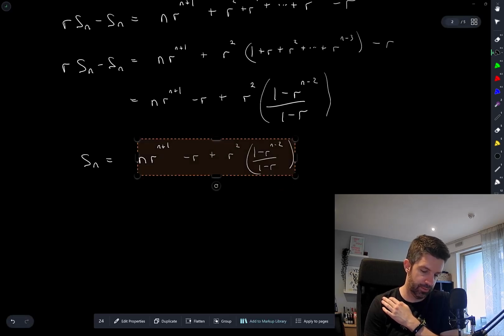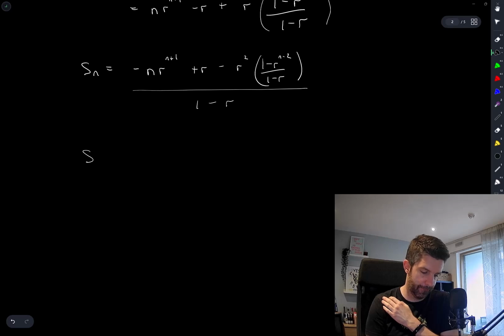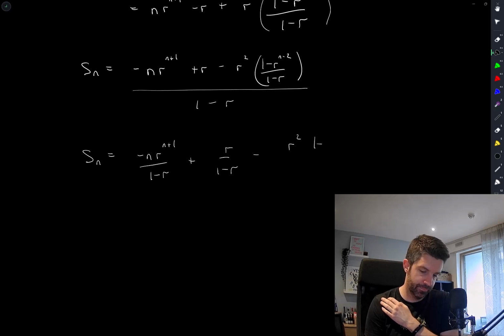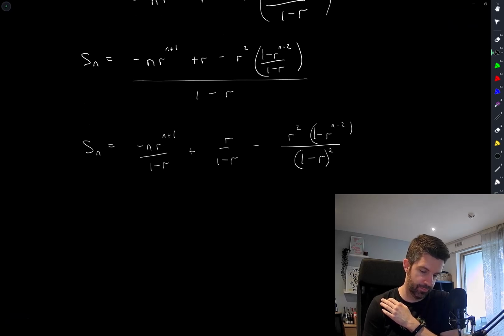So let's instead flip the signs of everything and divide by 1 minus r again. Okay, parentheses here.